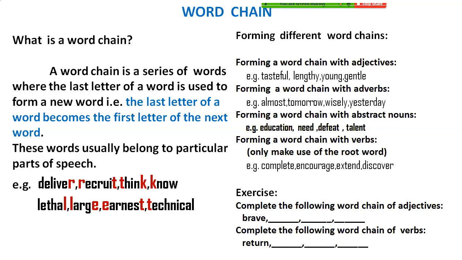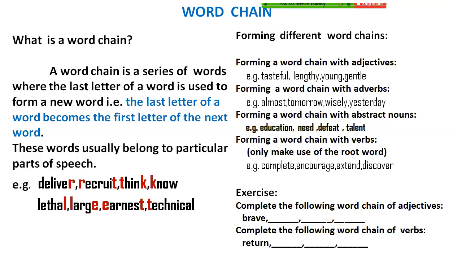Need ends with the letter D. We use this letter D to form the starting letter of the next abstract noun, that is defeat. Defeat ends with the letter T. We use this letter T to form the next abstract noun, that is talent.